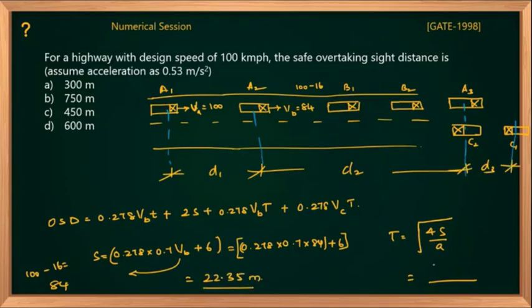Very good. What about T? T is equal to root of 4 into 22.35 divided by 0.53. Please respond.